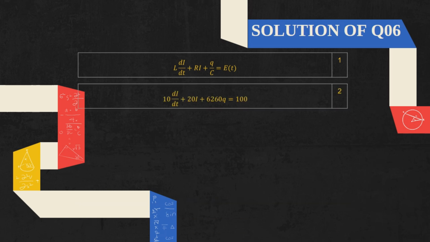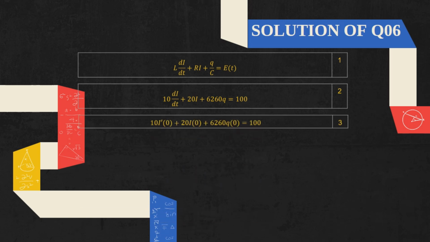Then by substituting t equals 0, we get the following equation. When t is 0, I is 0, Q is 0 and I prime will be 10. Next, we differentiate equation 3 using the relation I equals dq over dt and simplify it, which will yield an initial value problem.